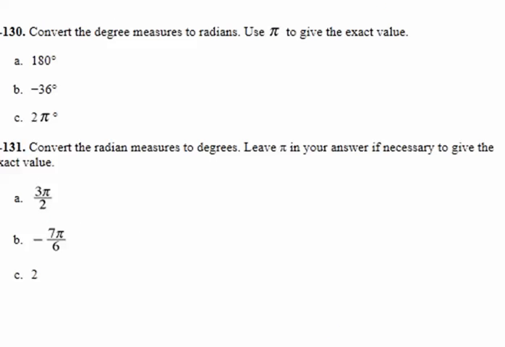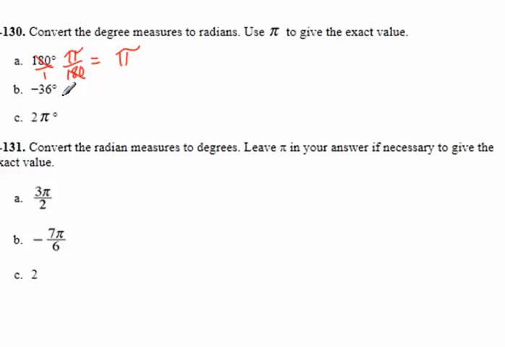All right, let's practice doing some conversions. We want to convert these degree measures into radians. To go into radians, we want pi in the numerator. So multiply 180 times pi over 180, and we get pi.